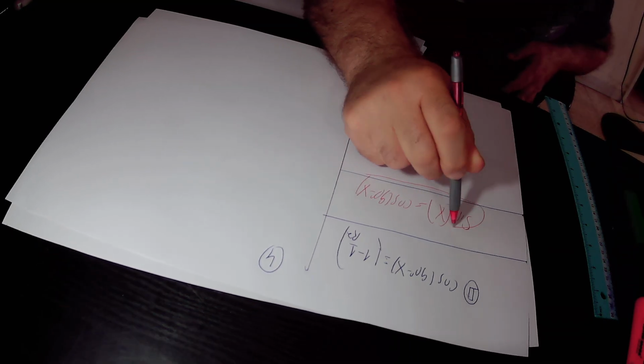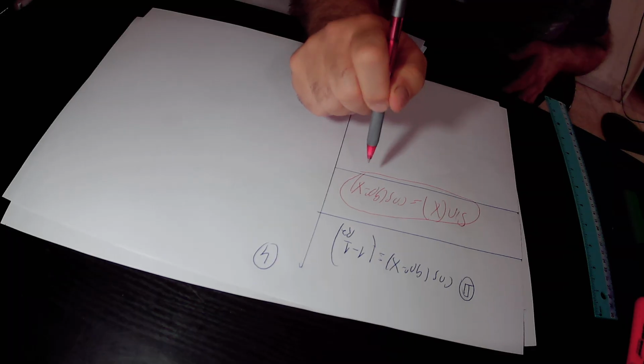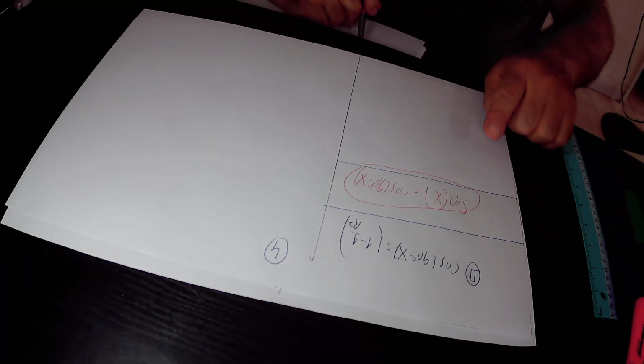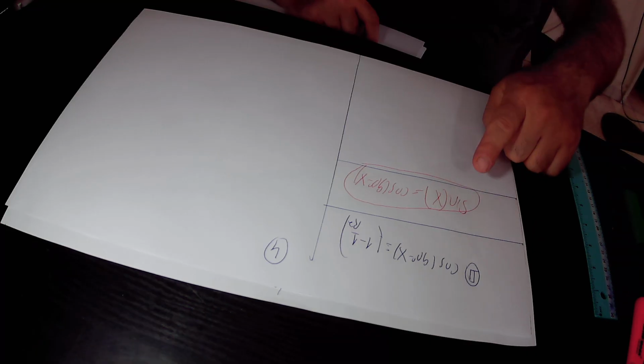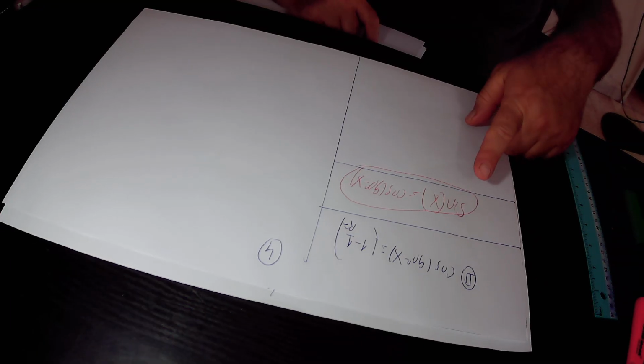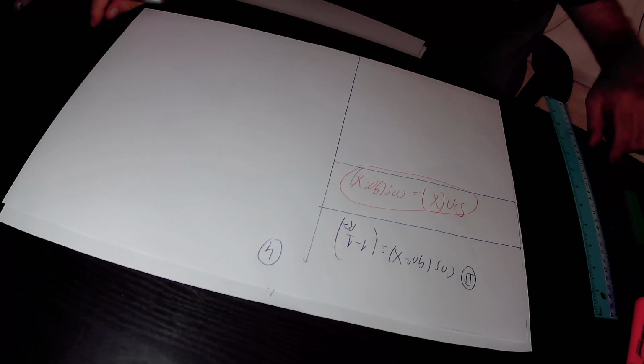So according to this trigonometric identity, we can substitute cosine 90 degrees minus x in this equation 2 by sinus x. We do it now and we get that.